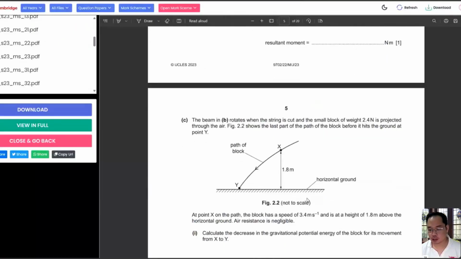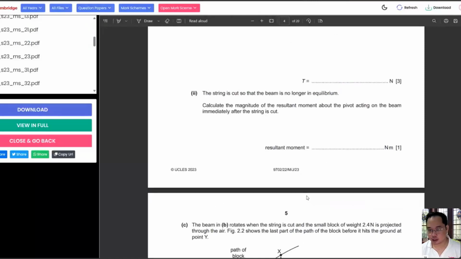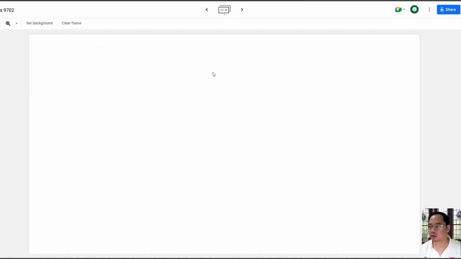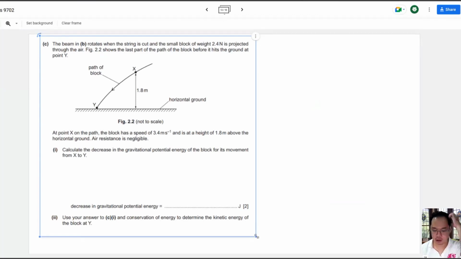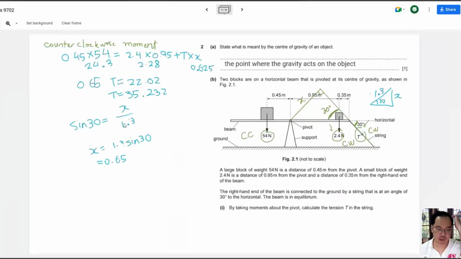The next questions are a bit difficult, so we do that later. I'll make a video explaining this, probably tomorrow afternoon to complete this question. I'll send a video to you. Now, after fixing this problem for 1.3, the final value of the tension will be 34.